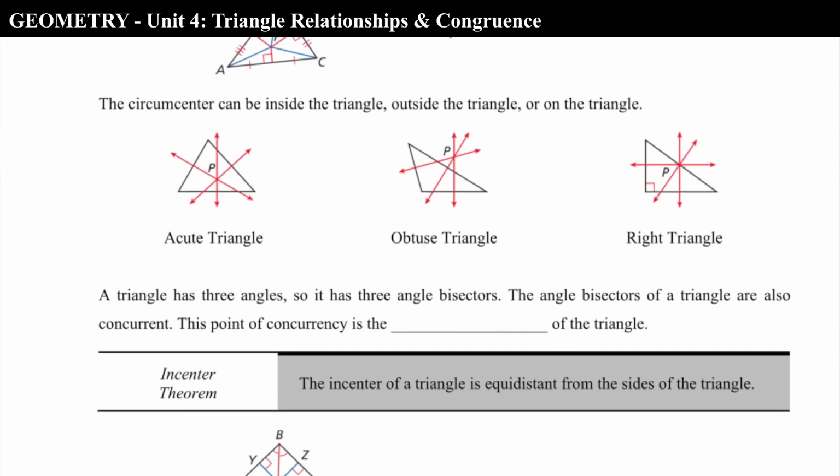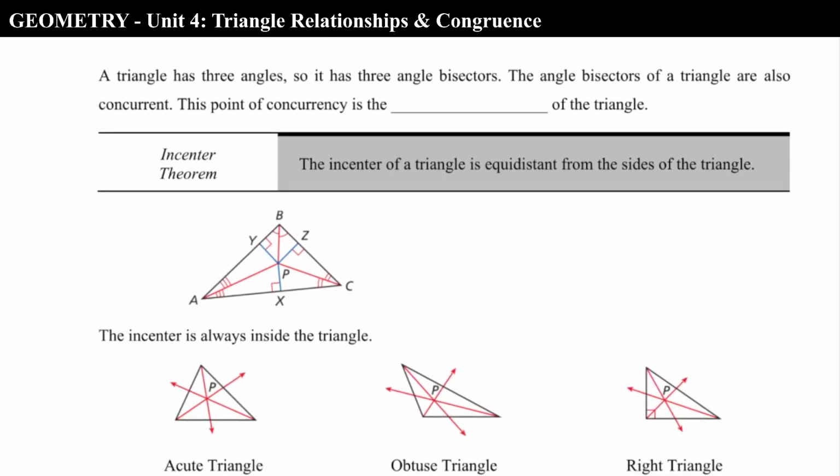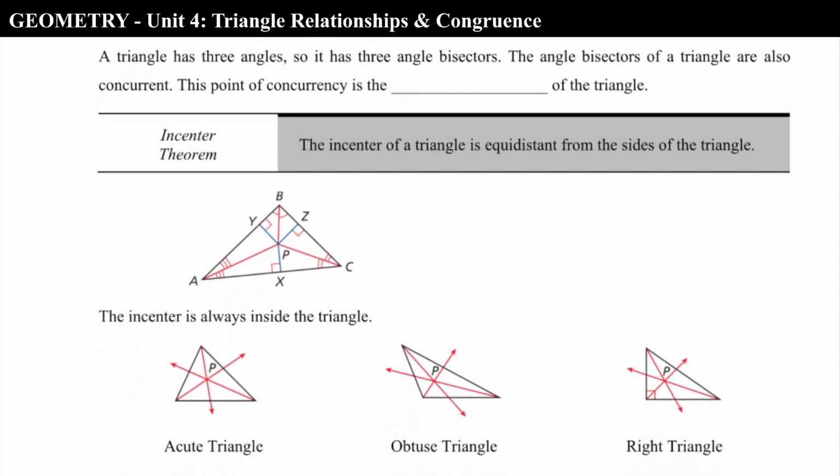Now, a triangle has 3 angles, so it has 3 angle bisectors. So instead of bisecting the sides, now we're going to bisect the angles. The angle bisectors of a triangle are also concurrent. This point of concurrency is called the incenter of a triangle.